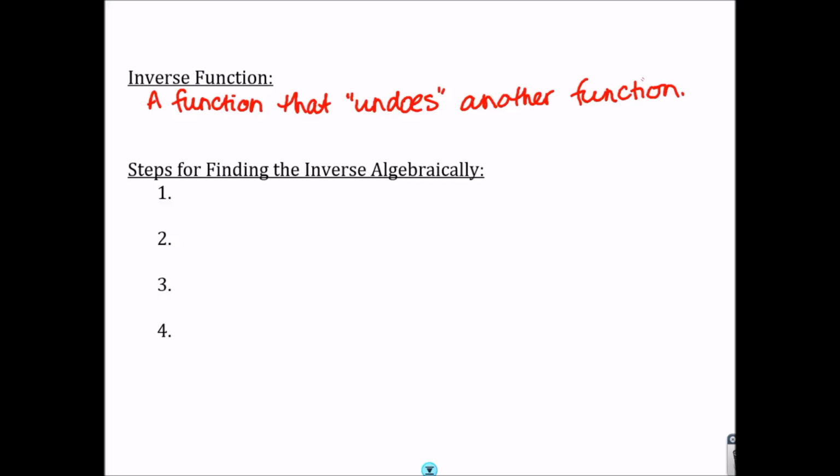To find an inverse function algebraically, we talked about how to find inverses graphically earlier this year, but to find the inverse algebraically, we need 4 steps. First, you need to change f of x to y. Then you need to switch the x and the y in the equation.